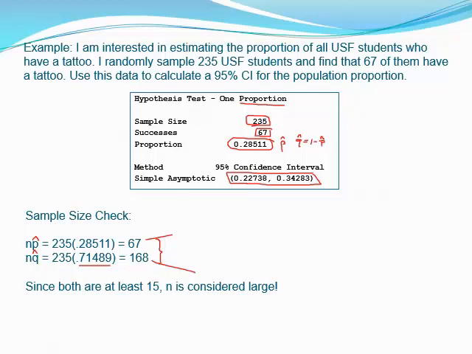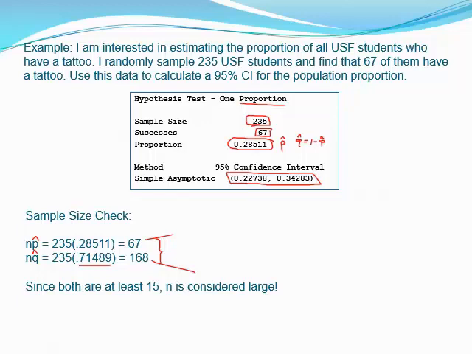Then all of a sudden, that's a very unique thing I'm asking for, and it's going to take me a lot longer to get 15 students to say yes. Does that make sense? Your overall sample size is going to rise dramatically as you get more obscure with the things you're asking, or as the probability of observing that outcome gets smaller and smaller. So the sample size being large isn't just a value n that you have to worry about, but it's relative to the proportion that you're working with.